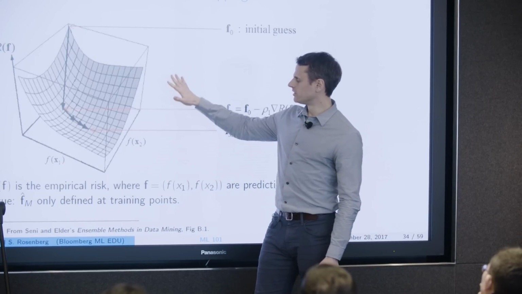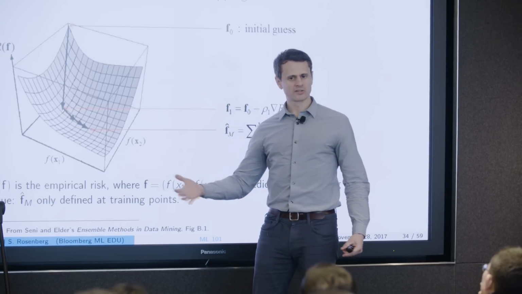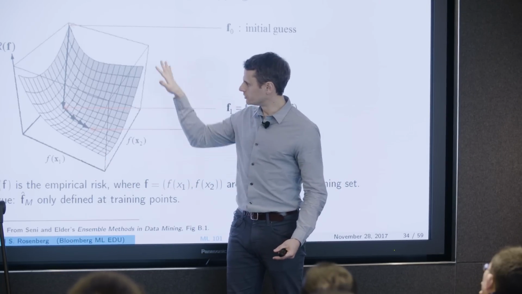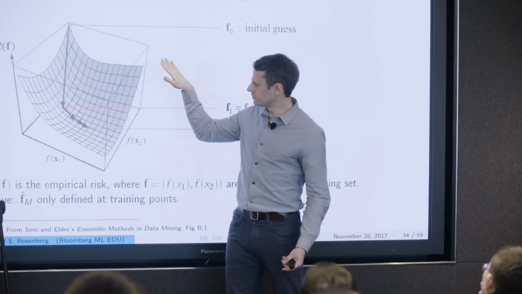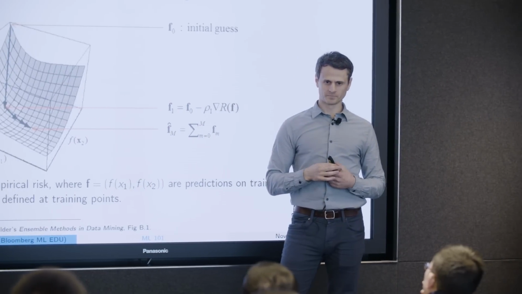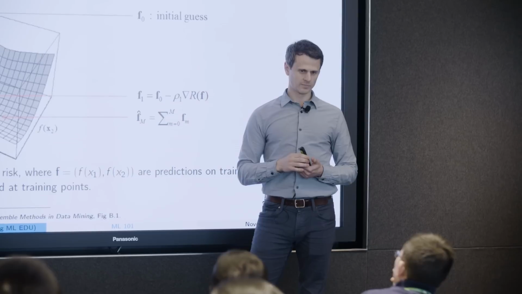So is the picture clear? That for any set of n predictions characterized by a vector f in Rn, we get some objective value, and then this is the graph of that objective value as a function of our predictions. All right.